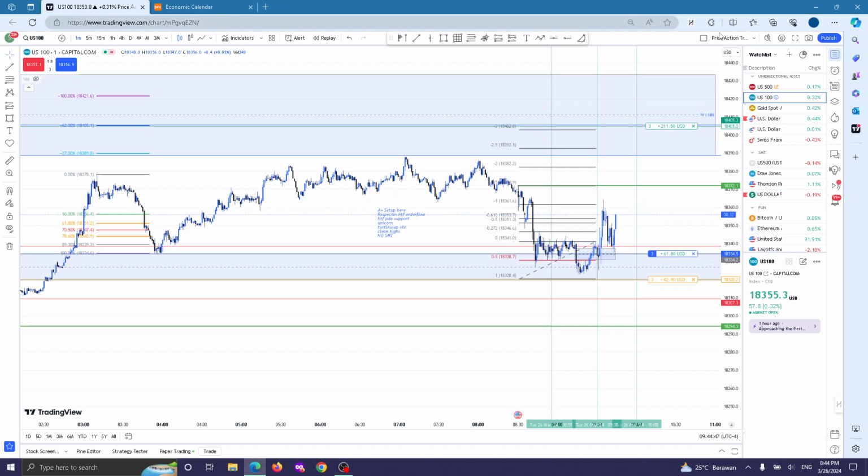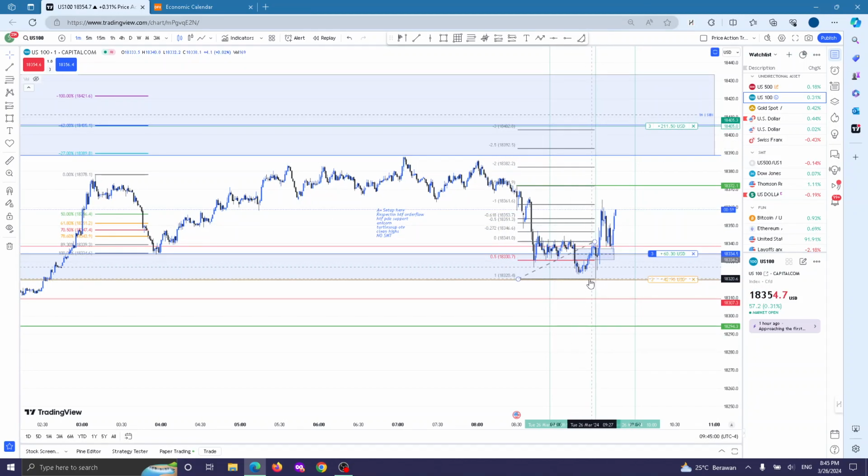Look at that. Within this range, to this high, the breaker, and then the low of this BISI, we have the equilibrium here, this 8:30 candle. If we have price take that high, I'll be confident putting my break even there.